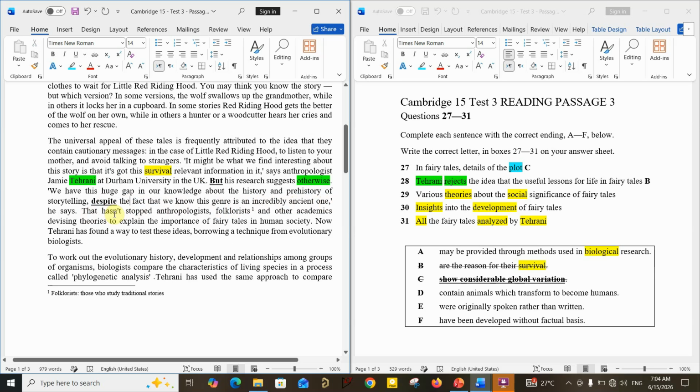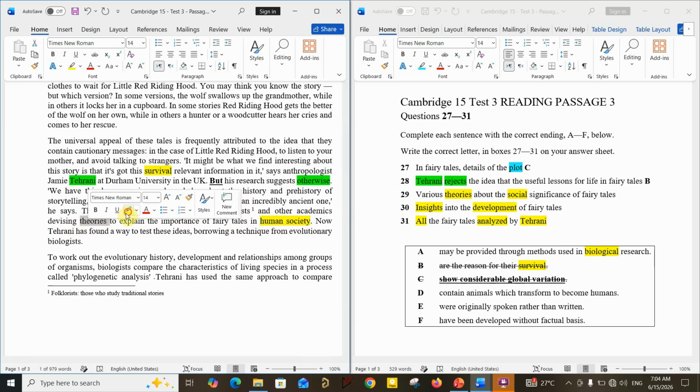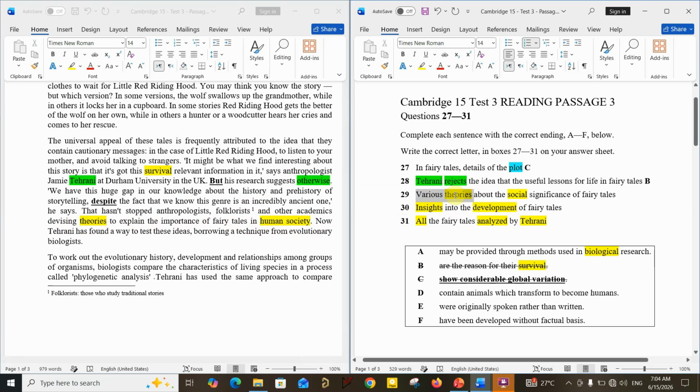It says that hasn't stopped anthropologists, folklorists, and other academics devising theories to explain the importance of fairy tales in human society. Human society, this is it. Human society means social. And here it says theories. So this is the sentence matching with this one: various theories about the social significance of fairy tales. What is the information about this?